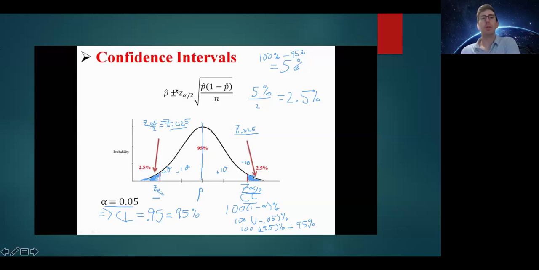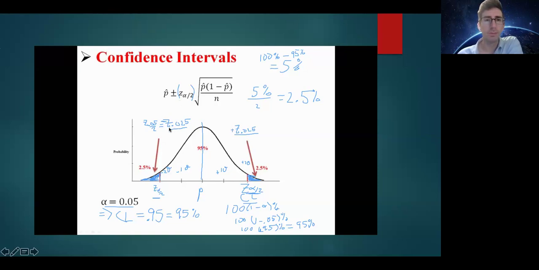We'll be adding and subtracting a positive number, right? So we really just need the positive because we end up adding it on this side and subtracting it on this side, right? So that's how we would find the z-value.